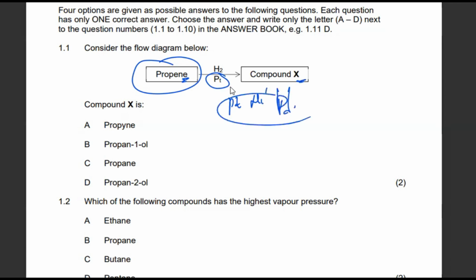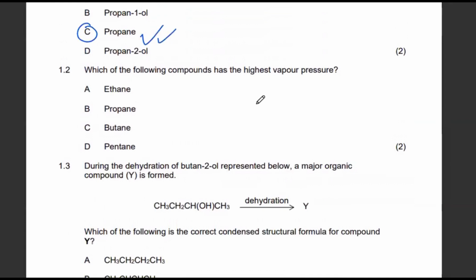Once you see those catalysts in the presence of hydrogen, and here you had a double bond, it means that you're changing this compound to be a saturated compound. So it must be an alkane. It must end with that. So the answer becomes C. C becomes the most correct answer in that regard. We talked about this during our prediction and discussion revision before you wrote this paper.